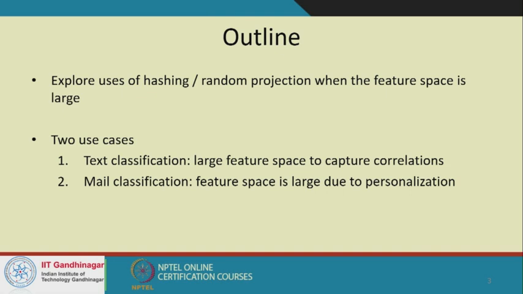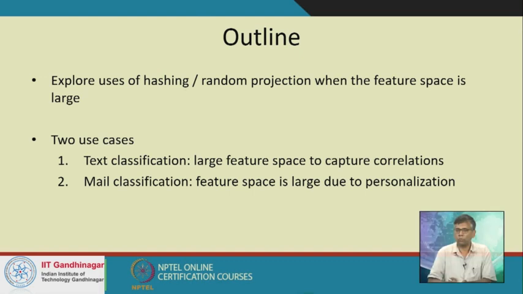So let me give the outline first. There are going to be two different use cases, both of them relating to text. In one use case, what we'll consider is that there's going to be a very large feature space, right? And we'll point out why having a large feature space is actually useful.